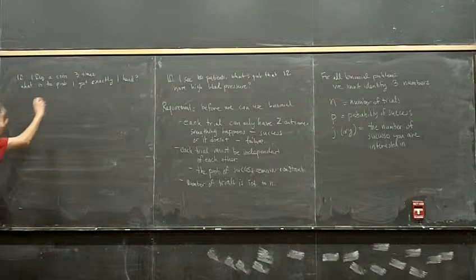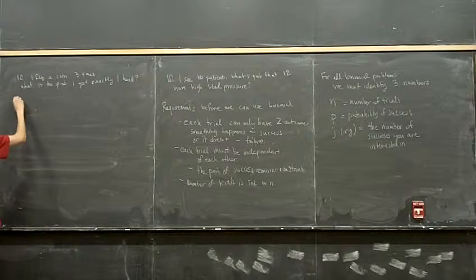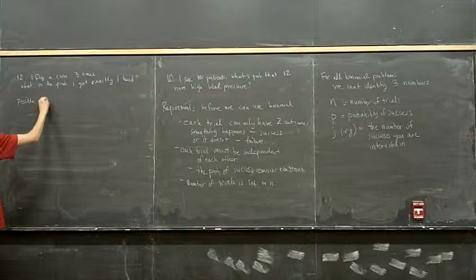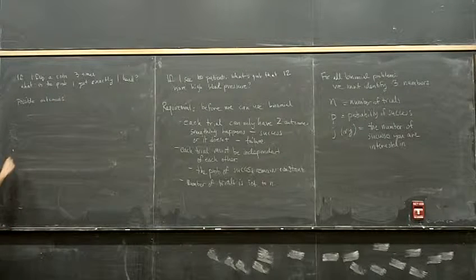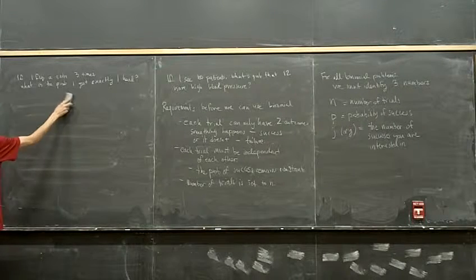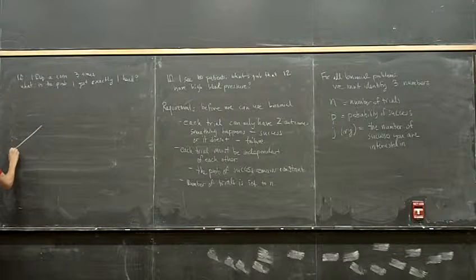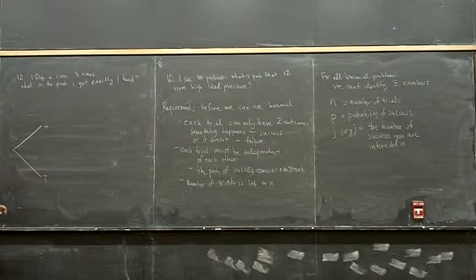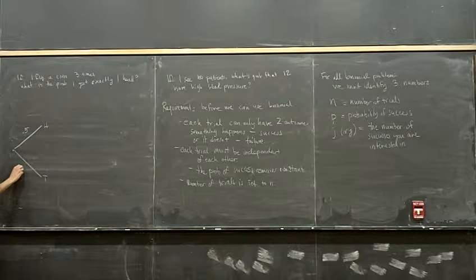Okay, so let's just think about this. I flip a coin 3 times. What are the possible outcomes? Well, let's do this. Let's make a probability tree. The first coin flip can go heads or tails. Now, what's the probability it goes heads? 0.5, 0.5.